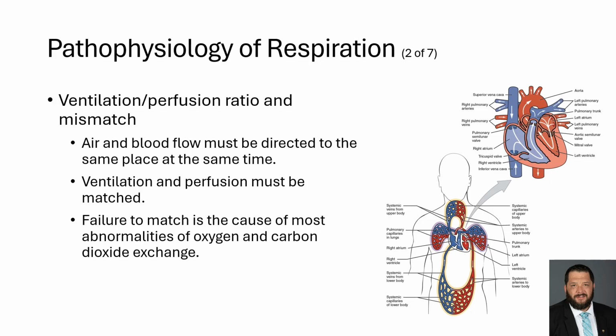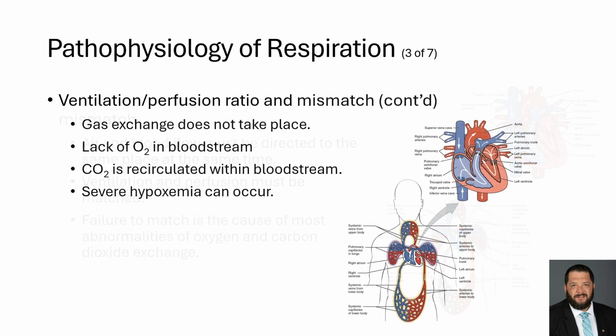And we have several pathophysiologies that we discuss in EMS that relate to this ventilation perfusion mismatch. The ventilation perfusion mismatch can occur in a couple of different ways. There could be a situation where gas exchange doesn't take place in the lungs.